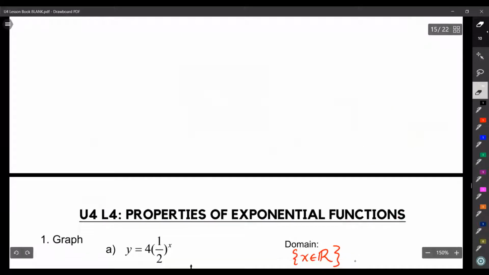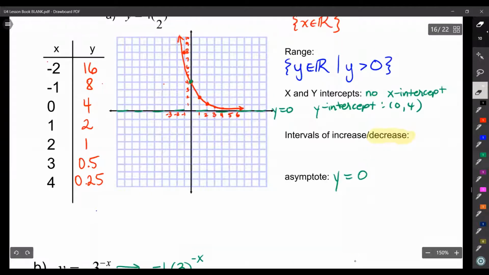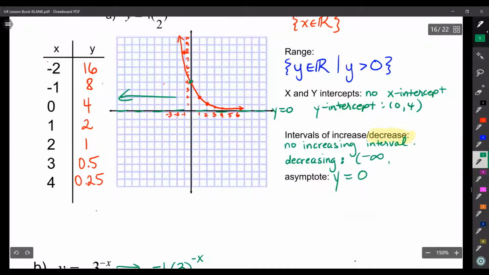So we would say in this case, we have no interval of increase. But our entire decreasing interval is essentially the entire graph. So the graph is decreasing all the way from -infinity to +infinity. This is not an xy coordinate. Of course, I can't have an xy coordinate that is -infinity, +infinity.